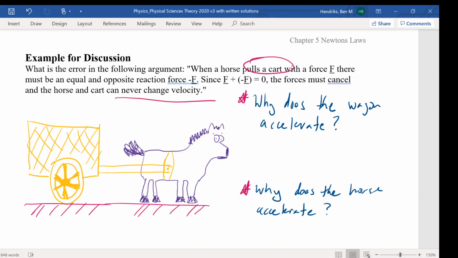So the only force acting on the wagon in isolation is this force from the horse. So why does the wagon accelerate? Because the only force acting on the wagon in isolation is that from the horse.